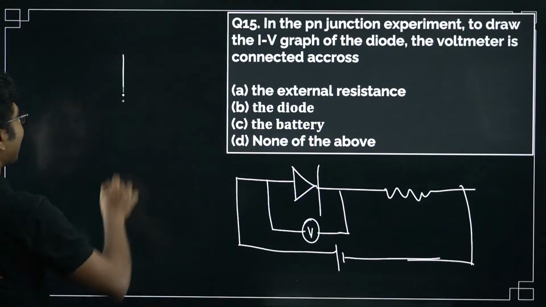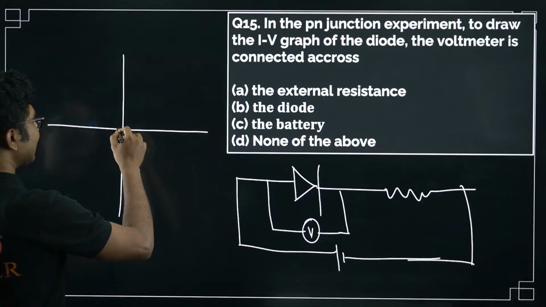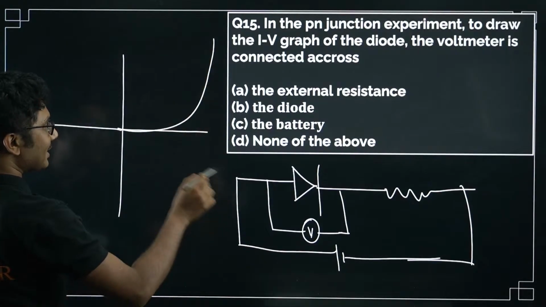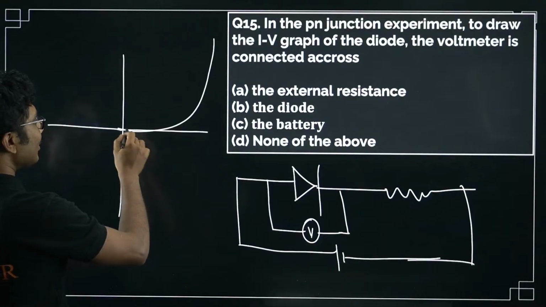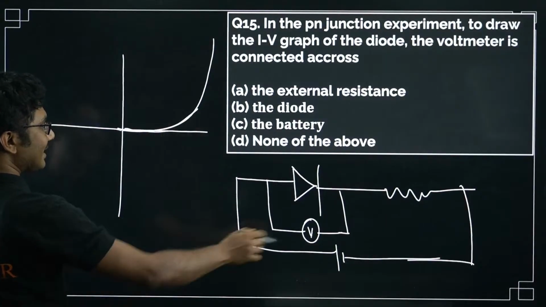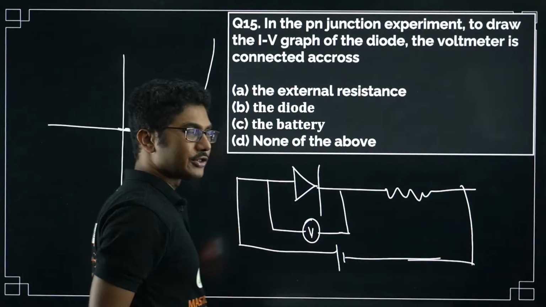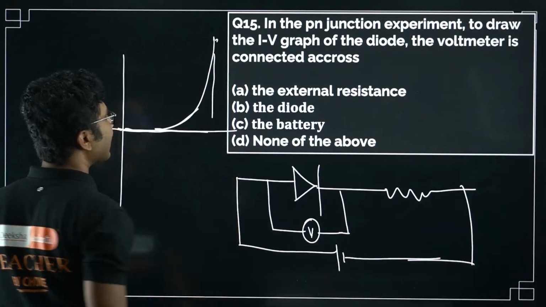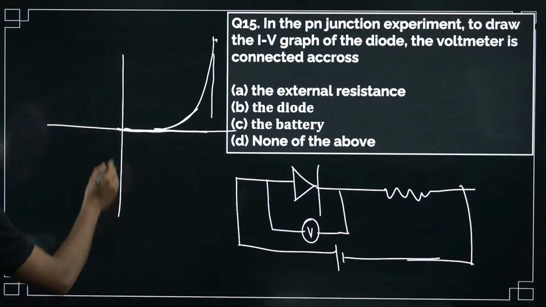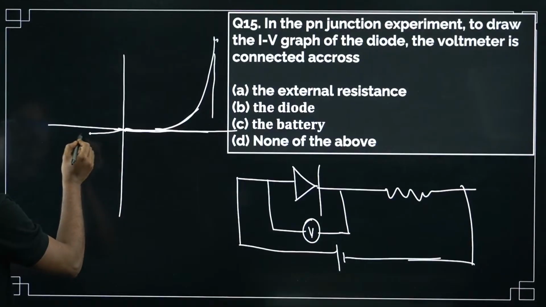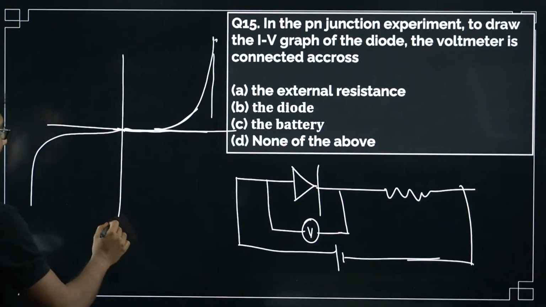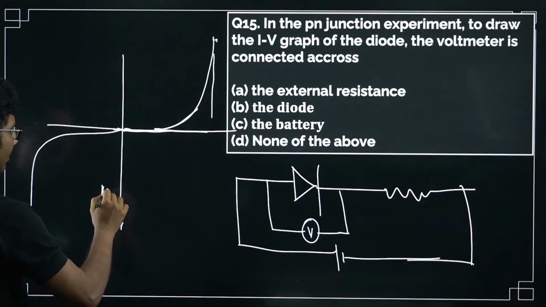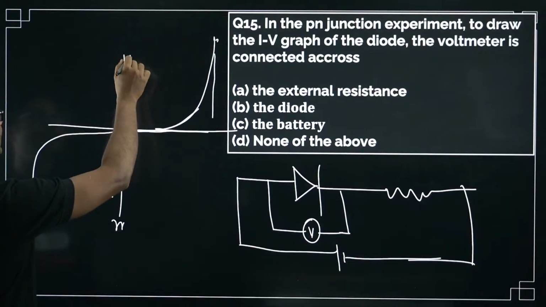This graph means initially the current slowly increases because the potential barrier is decreasing, and once the potential barrier is breached, the current suddenly increases. That is the forward bias. In the same way, reverse bias is like this, and reverse bias is in microampere and the forward bias in milliampere.